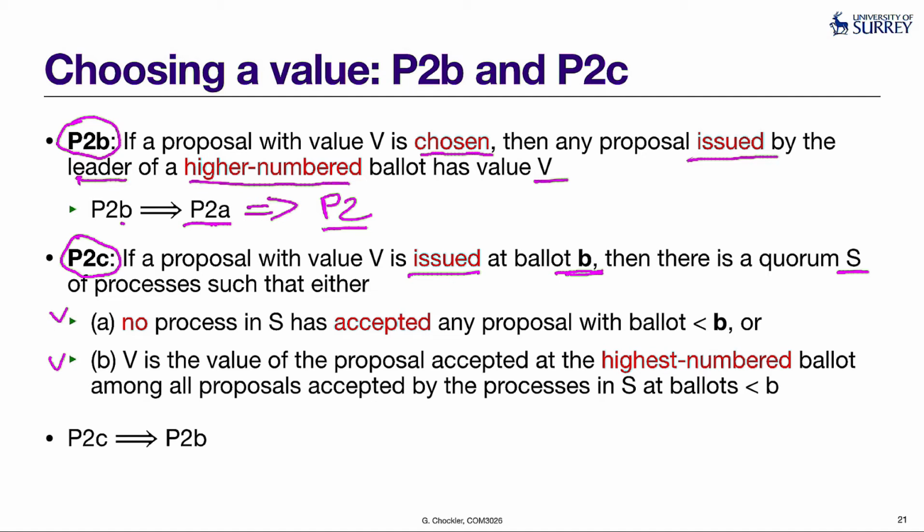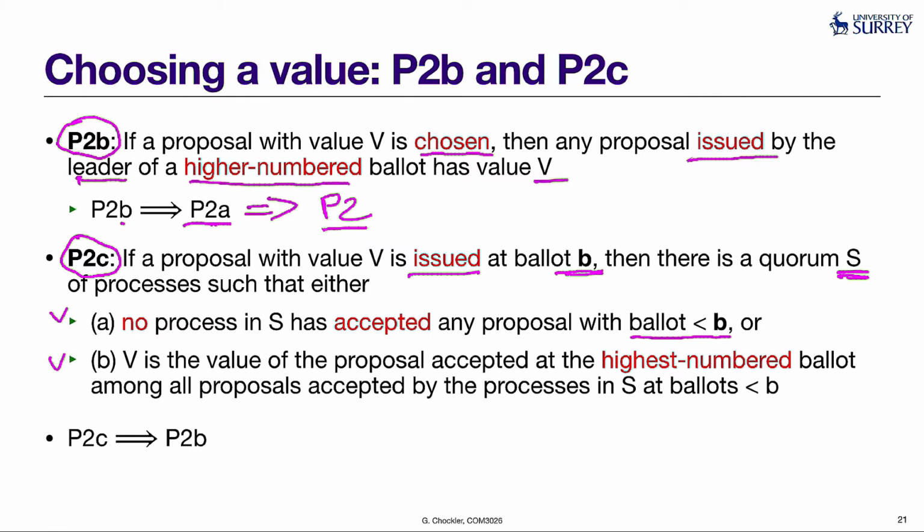So no process in this quorum S has accepted any proposal with ballot less than B. So case A is that when no value was actually chosen. And we will see why it is the case in an example in the next slide. And B addresses the situation that some value was actually chosen at one of the preceding ballots.